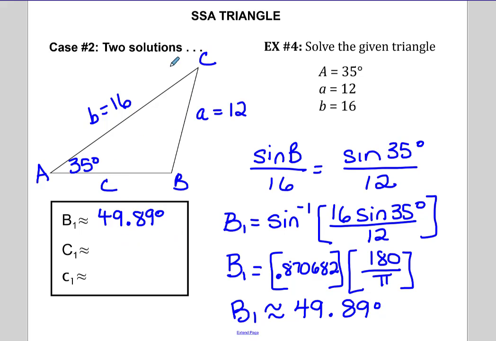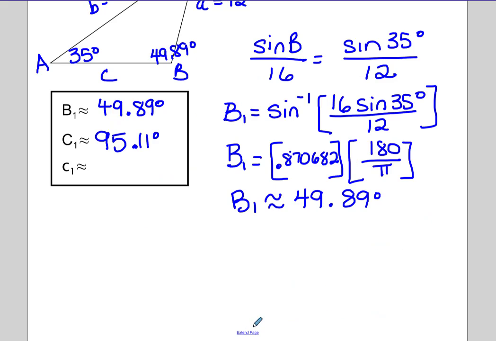Now angle C, if this is 49.89, angle C is going to be 180 minus 35 minus 49.89, and that would be 95.11. So it would have looked better if I put angle C down here, but this is going to be 95.11. Now the last side, we need side C.